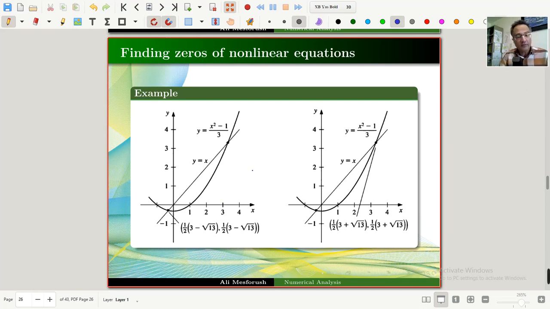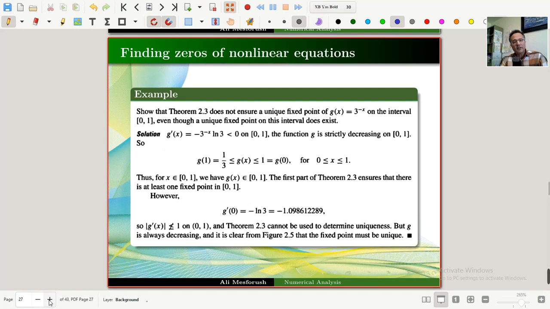But if we want to talk about the interval minus 1 to 4, the theorem cannot work, because there is not a unique fixed point in the interval minus 1 to 4. But in the interval minus 1 to 1, and the interval, for example, 1 to 4, there is just one fixed point and there is no problem and everything will be okay.